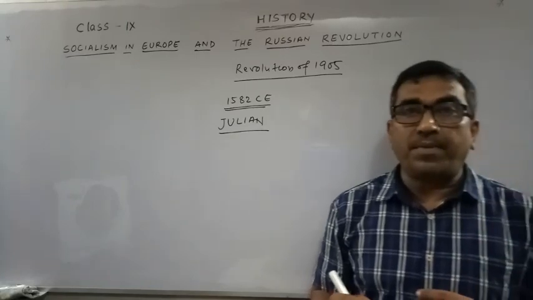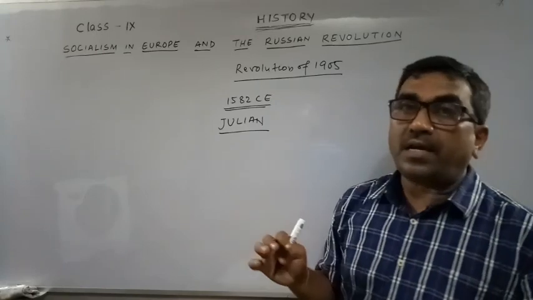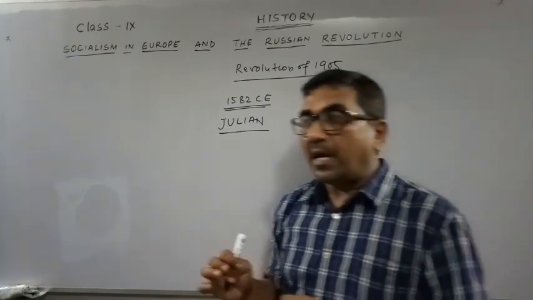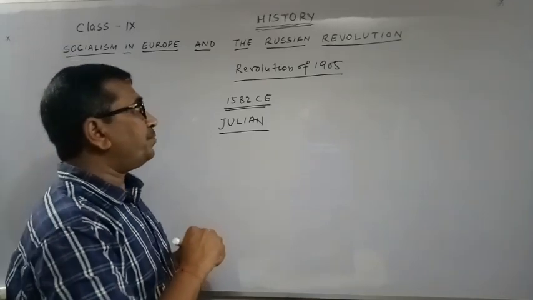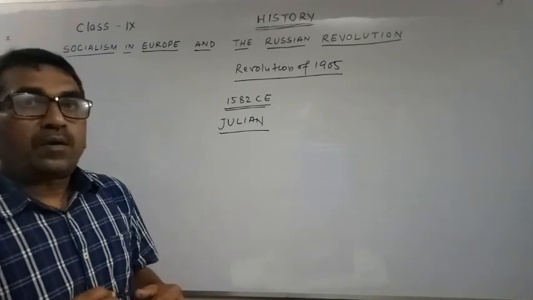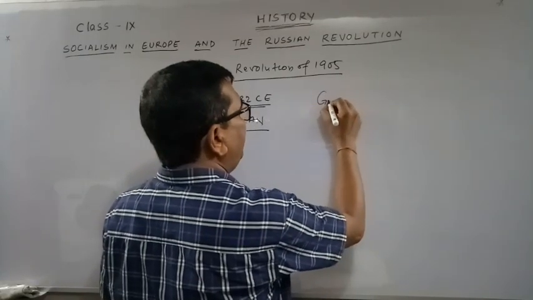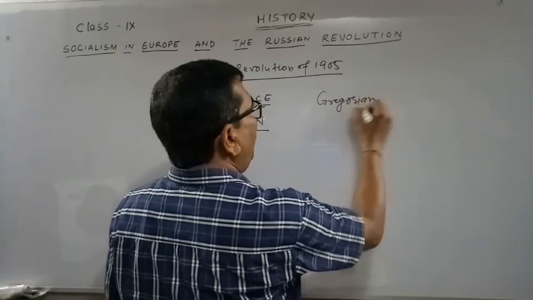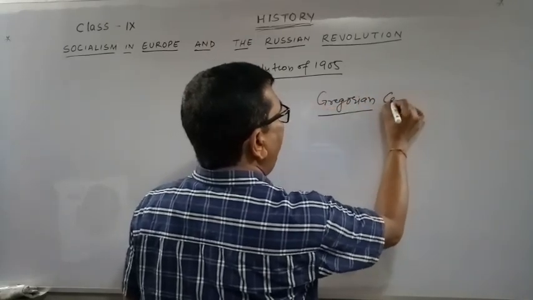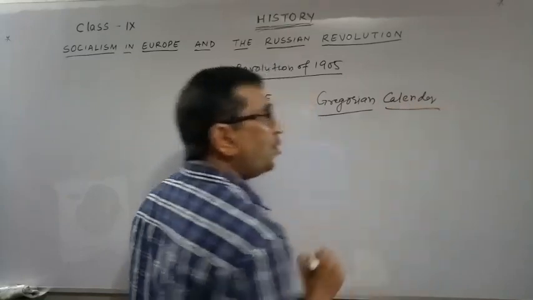You might remember the name of Julius Caesar. But after 1582, the Gregorian calendar came into use.